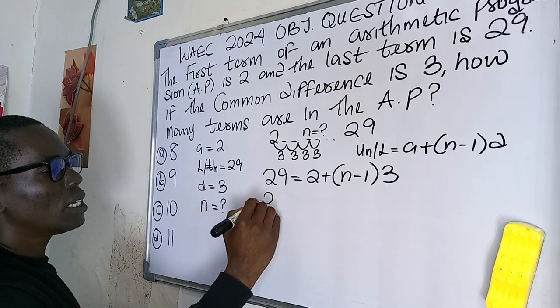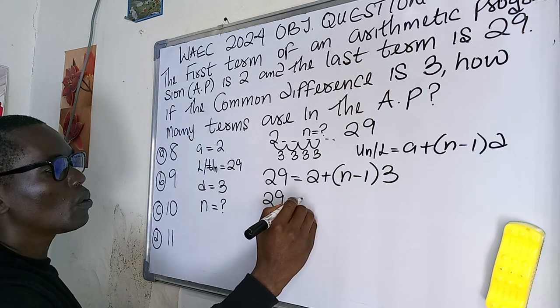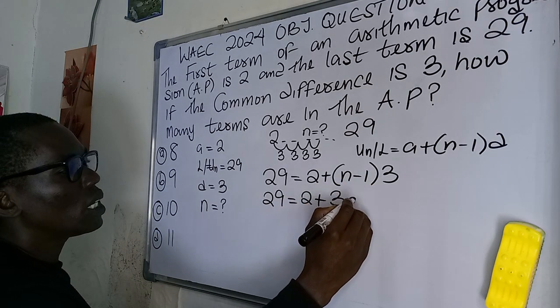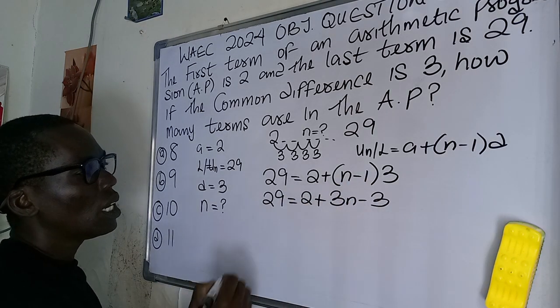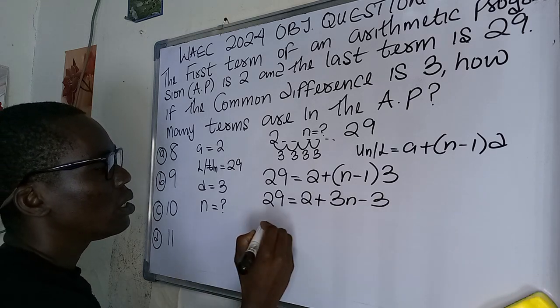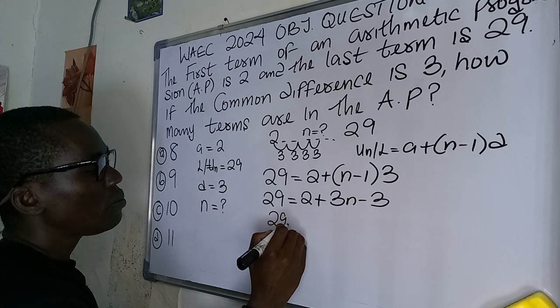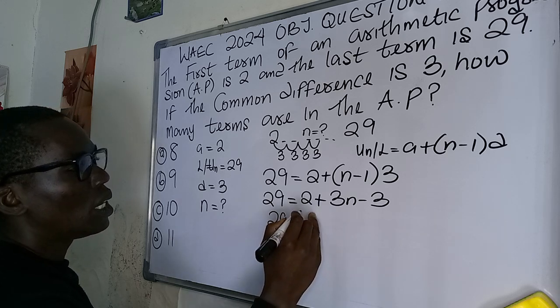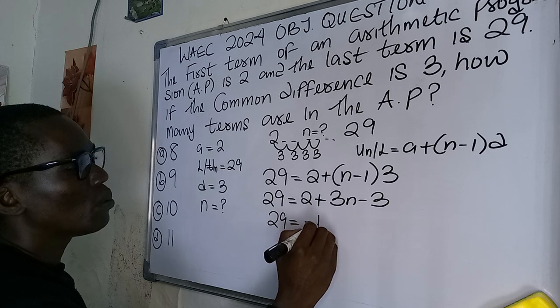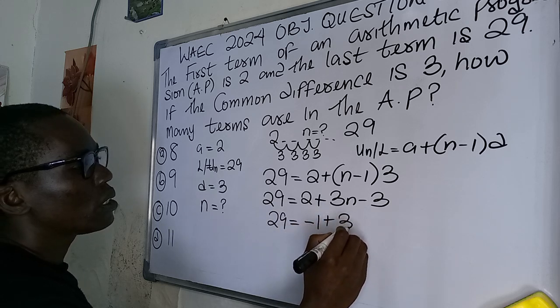If we simplify that, we'll have 29 equal to 2 plus 3 times n minus 1, which gives 3n minus 3. When we collect like terms, 2 minus 3 gives negative 1, so 29 equals negative 1 plus 3n.